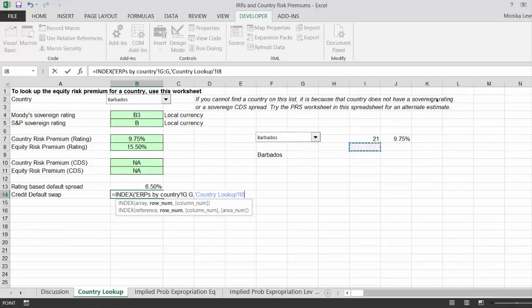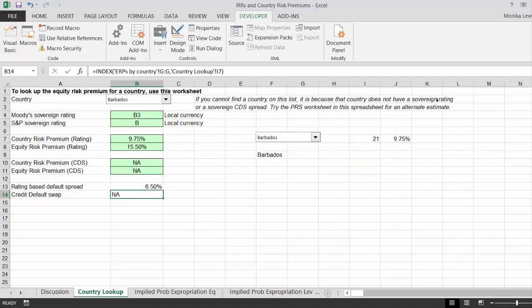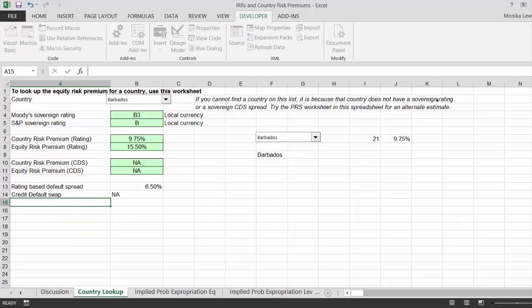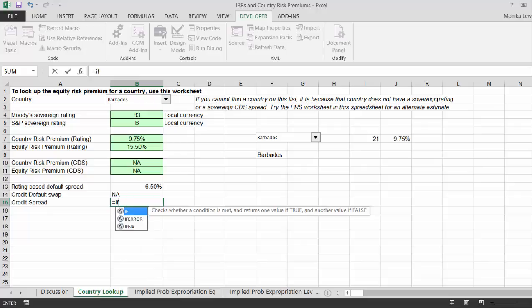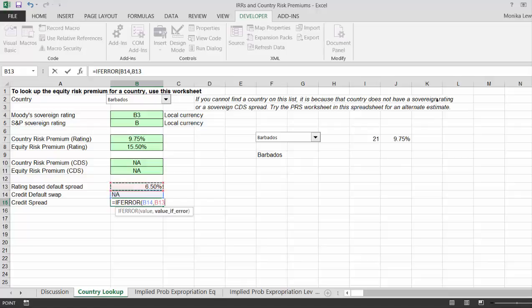And we get our credit default swap. So for Barbados, we don't have anything, and I'm going to put equal. How about, if we have a credit default swap, let's take it. So credit spread, and how about it? Yeah, this, then we take this.